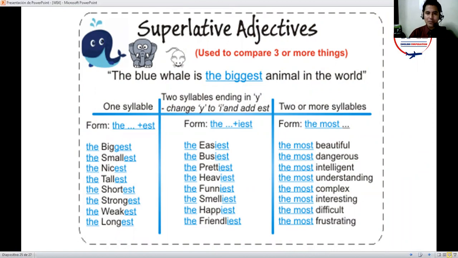Now we are going to talk about superlative adjectives. But what exactly are superlative adjectives? Superlative adjectives are words that compare a group of things. In this case, we are going to have many things in a group.